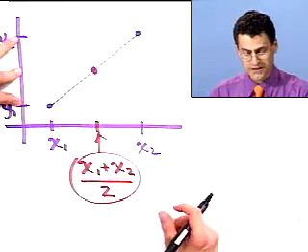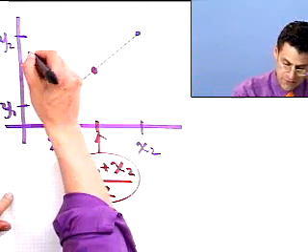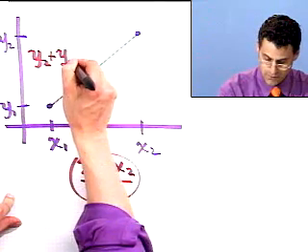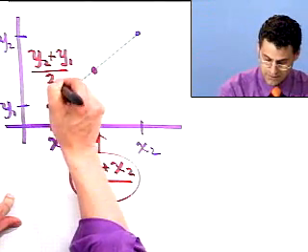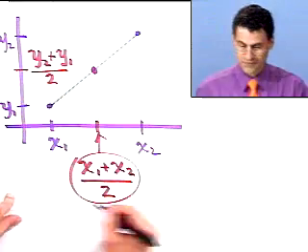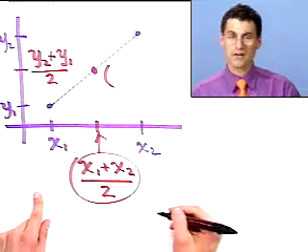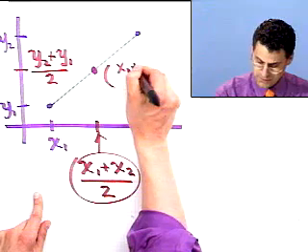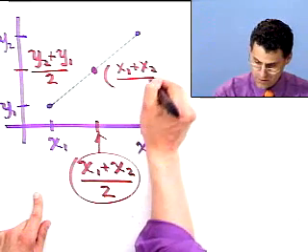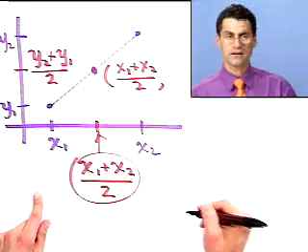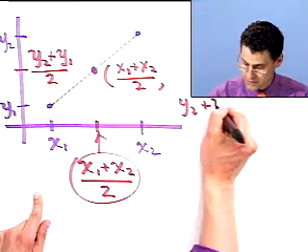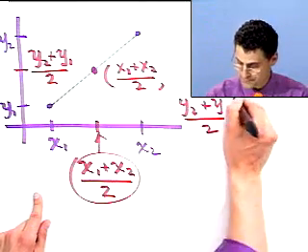Well, it would be in the middle of these two things, which would be taking the average, y2 plus y1, and divide by 2. That's this point right here. So in fact, the coordinates of the midpoint between 2 points are going to be x1 plus x2 over 2, comma, and the y is going to be y2 plus y1 over 2.